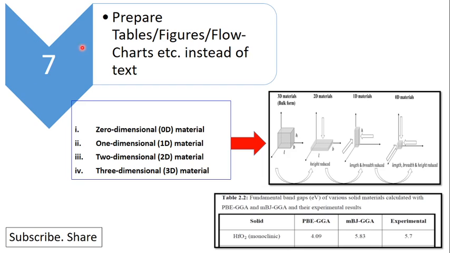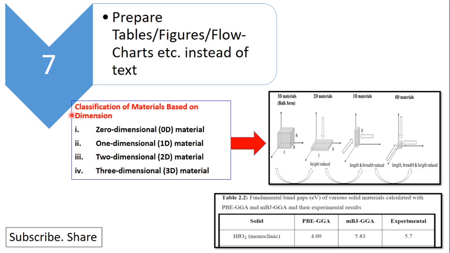Number 7. Prepare tables, figures, flowcharts instead of text. For example, on the left hand side, this text is the classification of materials based on dimension, and points have been mentioned that there are 0-dimensional, 1-dimensional, 2-dimensional and 3-dimensional materials.